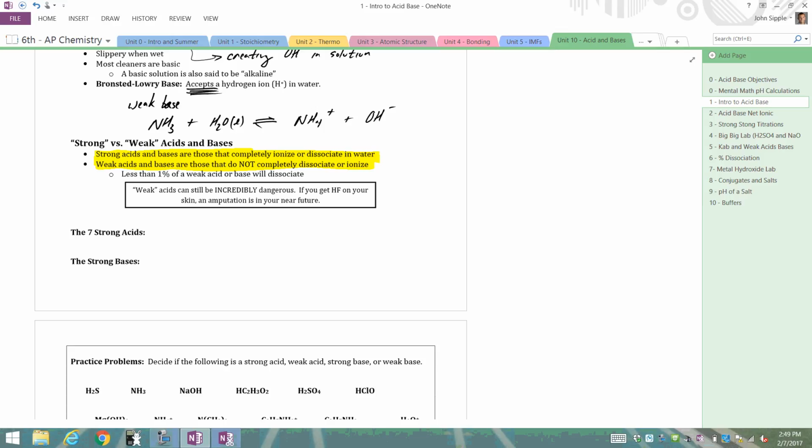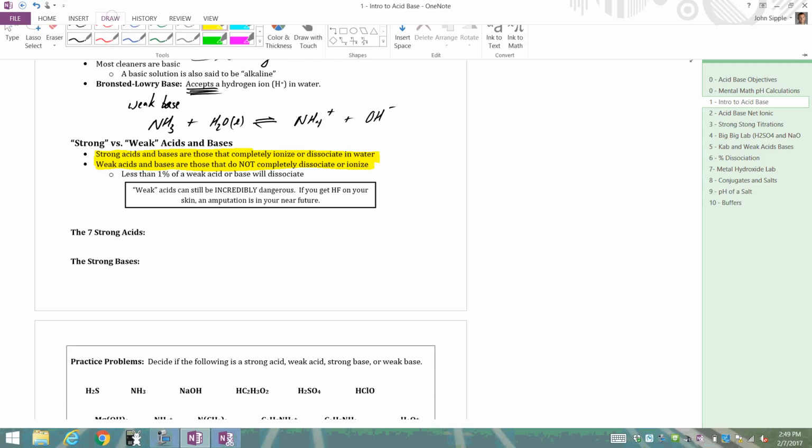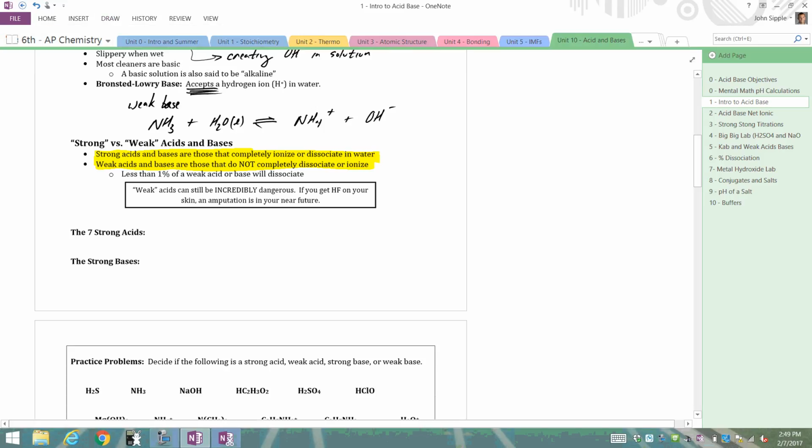Just as a reminder, just because an acid or base is deemed weak, they're still bad news. Hydrofluoric acid, for example, can be really damaging on your skin. It is actually used on glass to make that fogged glass. It can etch glass. So strong stuff.